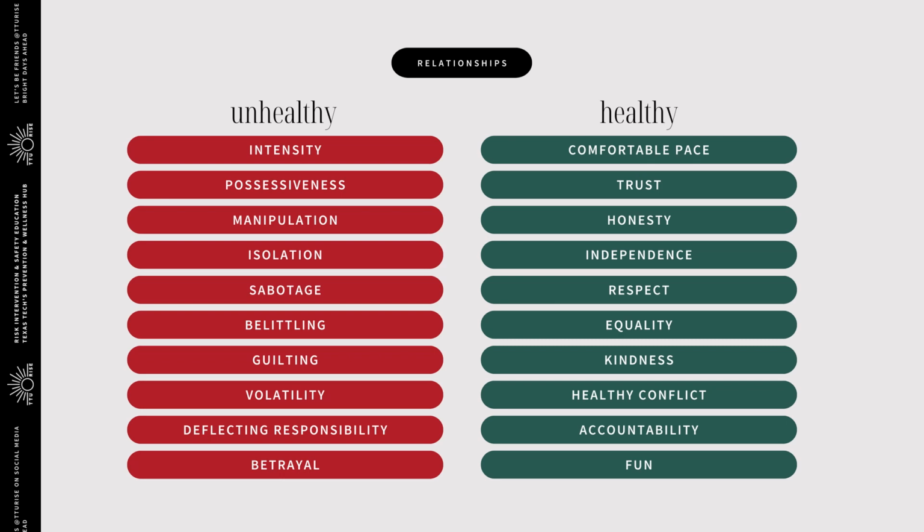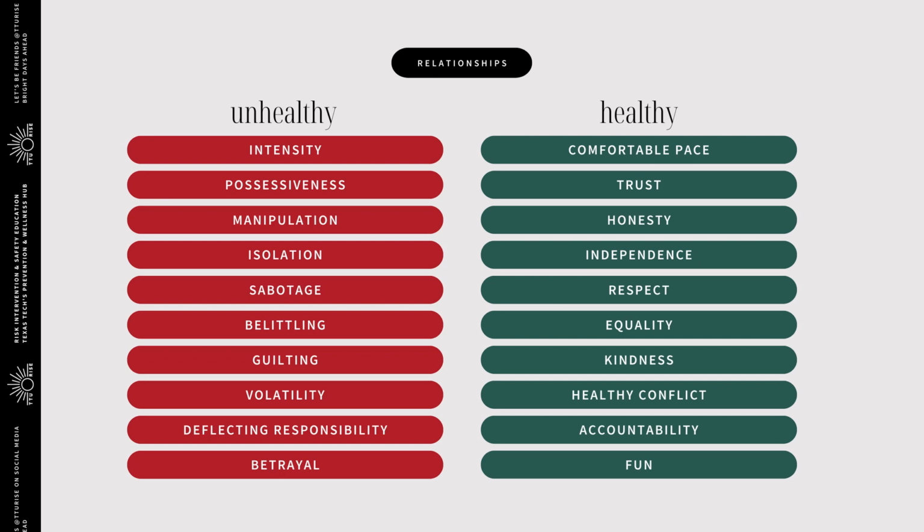Deflecting responsibility, this is where someone is never taking responsibility for their actions, words, or decisions. And then betrayal, and this can look like a lot of different things. I think the one that students most likely go to is cheating, but also if there is any line and boundary of trust and that trust is purposefully broken, that is a betrayal.